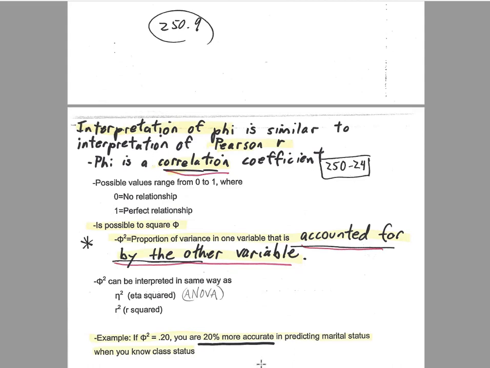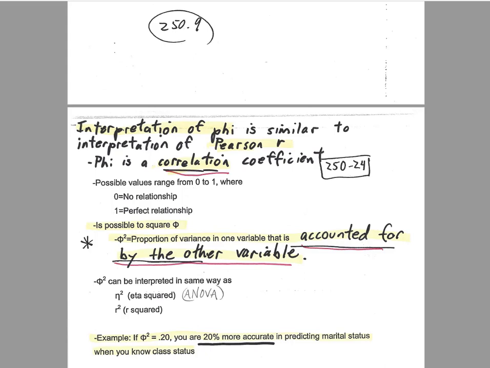For example, if you found that your Phi squared statistic was 0.20, that means you're 20% more accurate in predicting marital status if you know somebody's class status. It's just like the coefficient of determination that we learned about with the Pearson correlation coefficient.